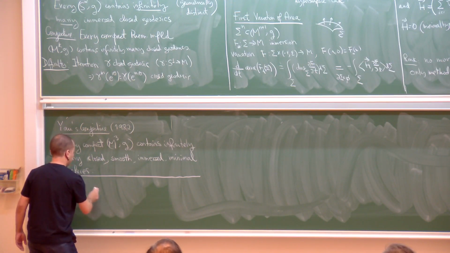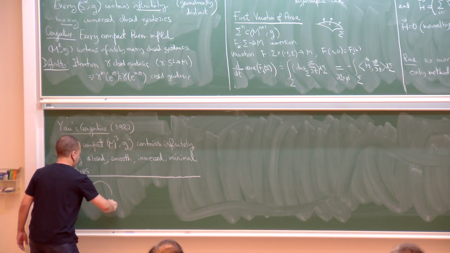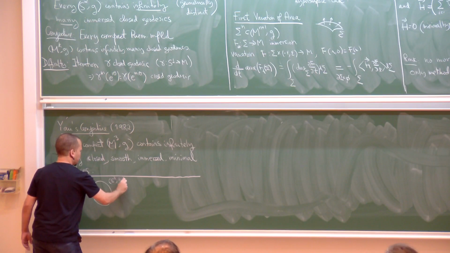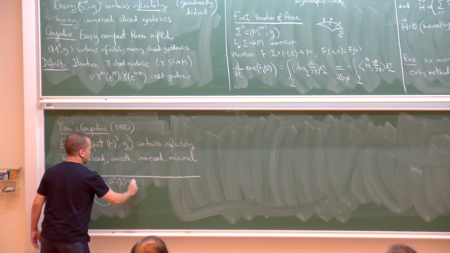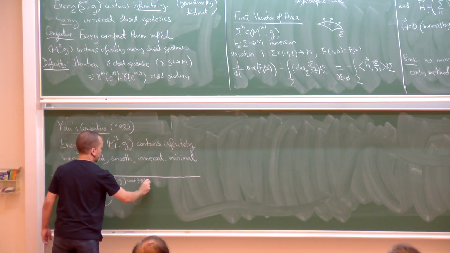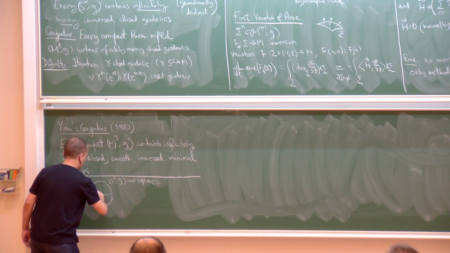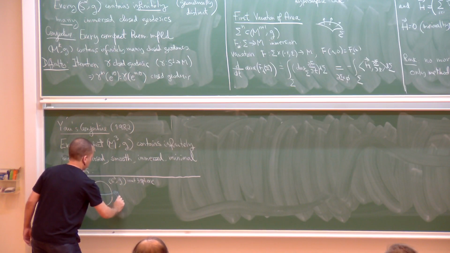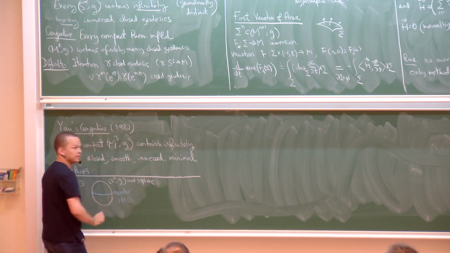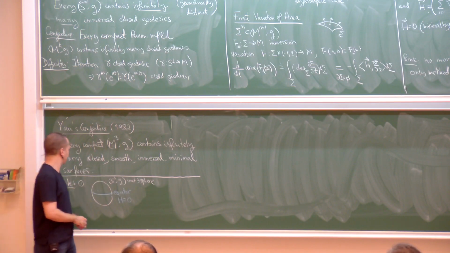So if my manifold happens to be S3 with the round metric, so this is the unit 3-sphere, then the equator is a minimal surface, okay?